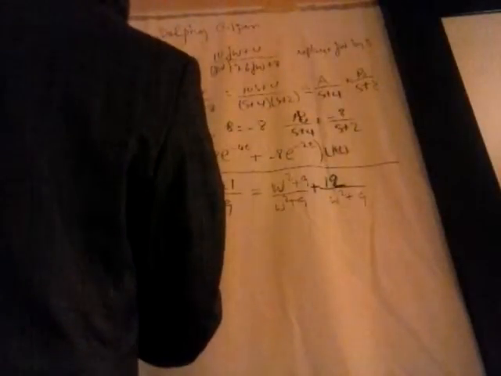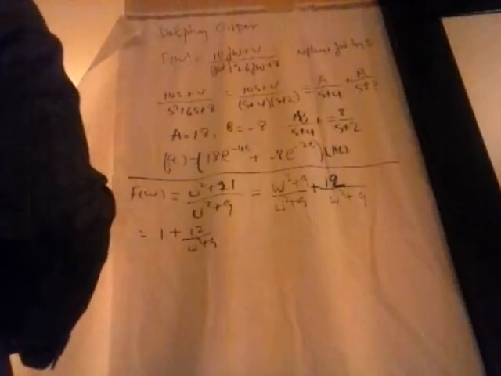But it leaves 12, because this is 21, so we subtract 9 from 21, giving 12. So this is equal to 1 plus 12 over omega squared plus 9.